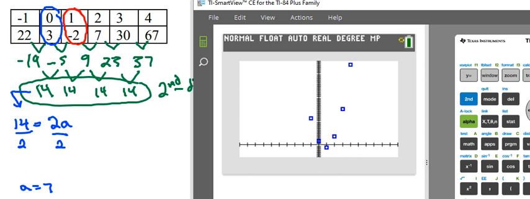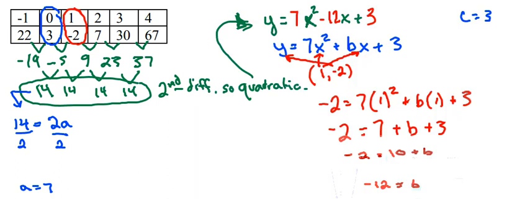You hit graph. Look how perfect that is. So beautiful. So we know that our function's correct because it goes through all those data points. And that's it. We'll pick back up with a cubic function on the back.